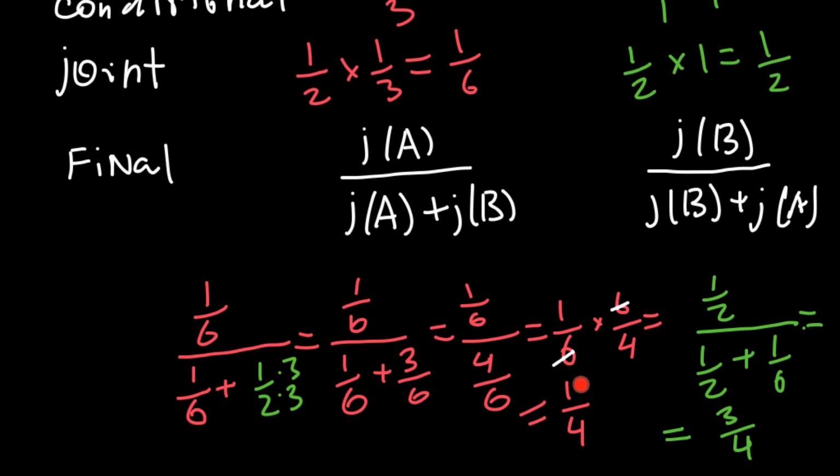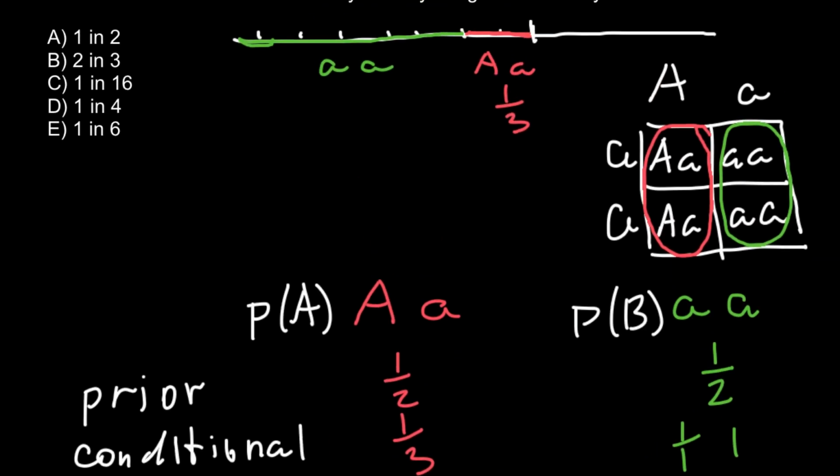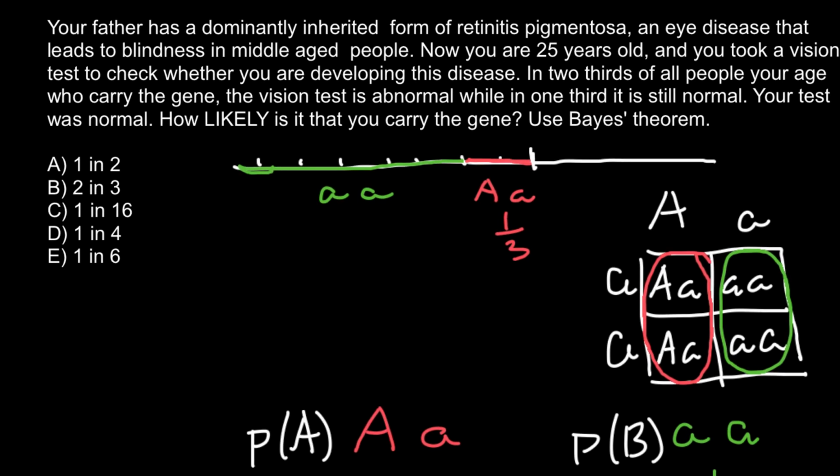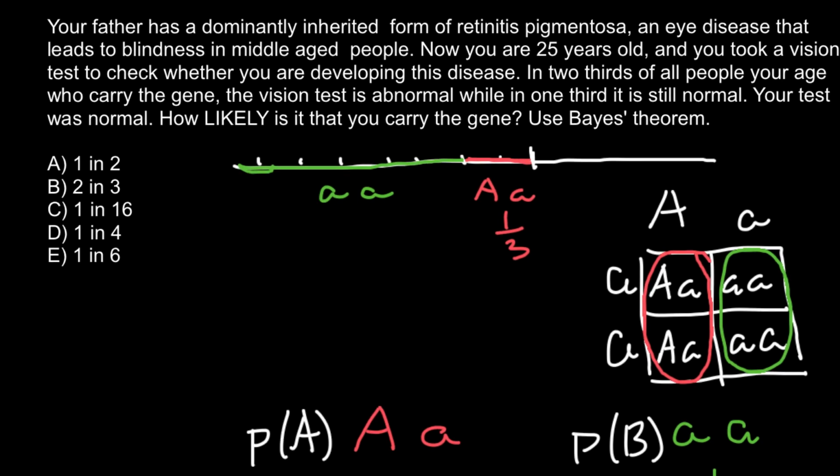This is the new probability that this person has this genetic disorder, and this is the new probability that this person is homozygous normal and wouldn't develop this genetic disorder. So now we can choose the correct answer. Once again, we got 1 quarter here, and we got 3 quarters here.